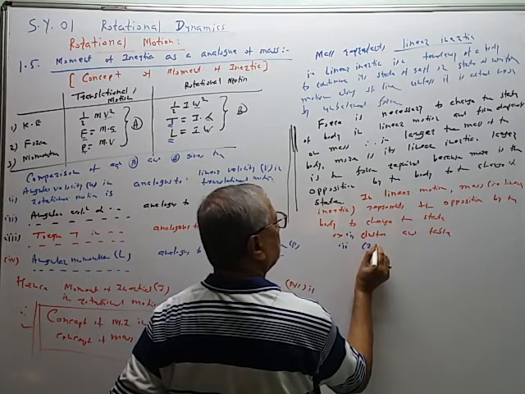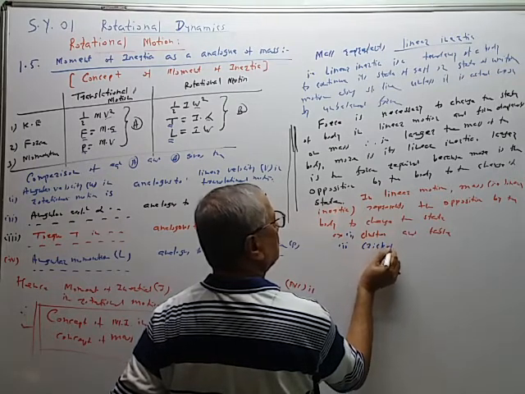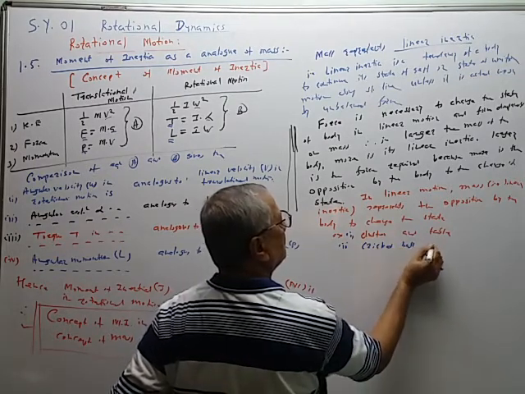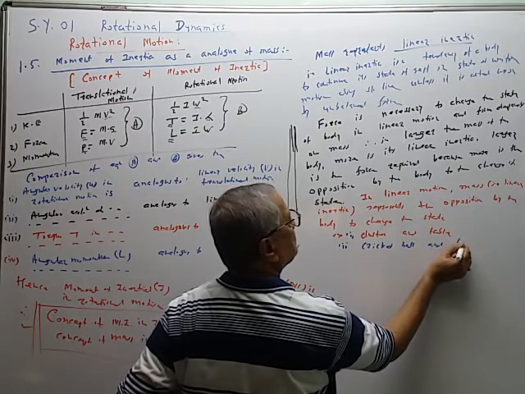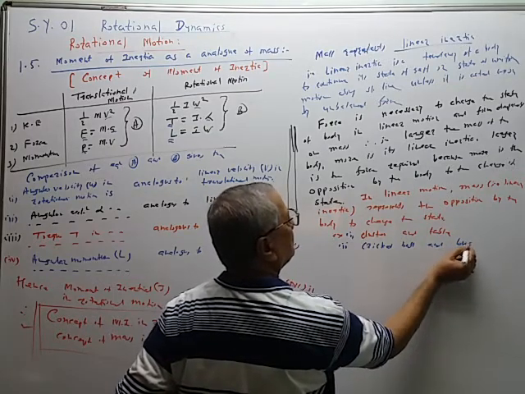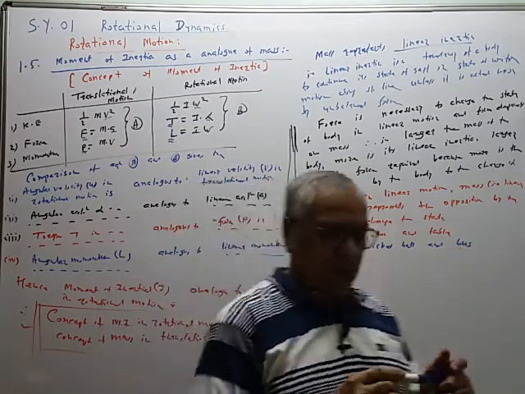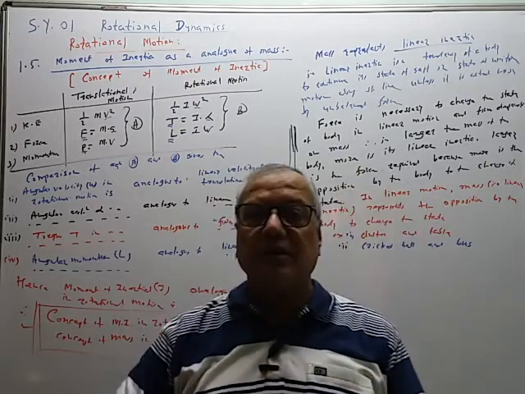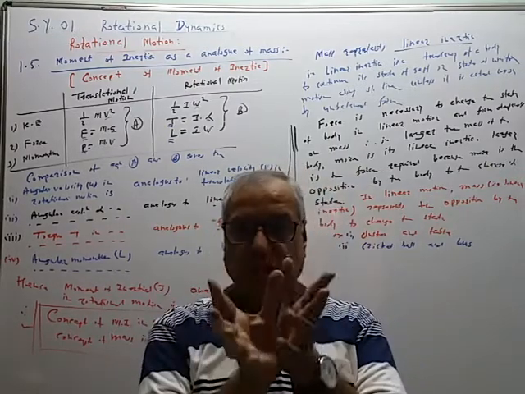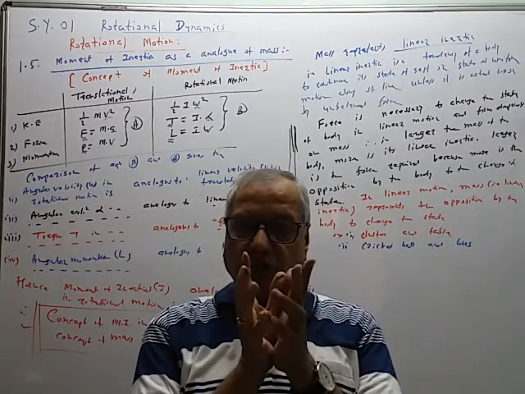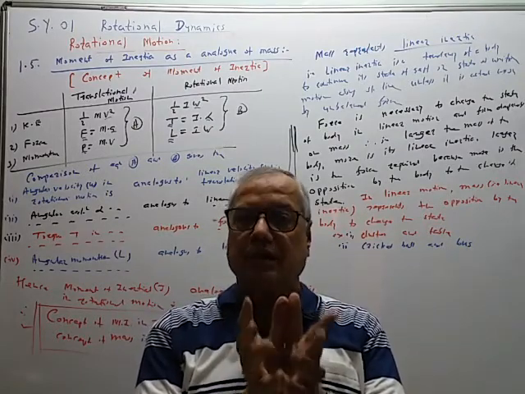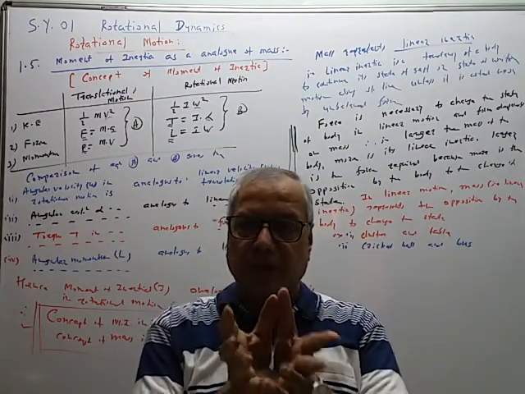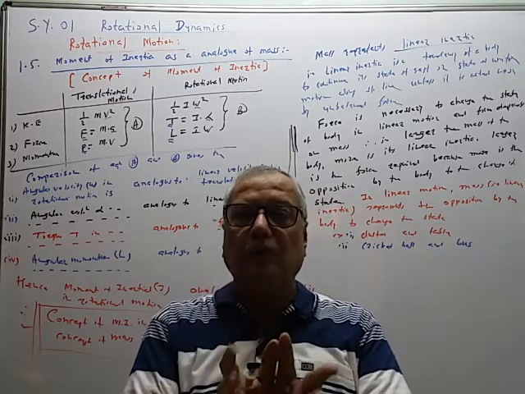Cricket ball and bus. Now when the batsman hits the cricket ball and we are to stop it, to catch it, so we are to decrease the speed of the cricket ball, some force is applied by our hand to stop the ball.